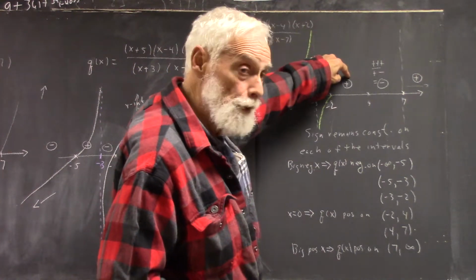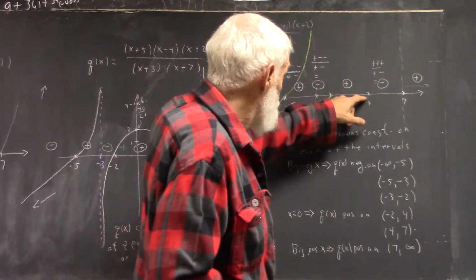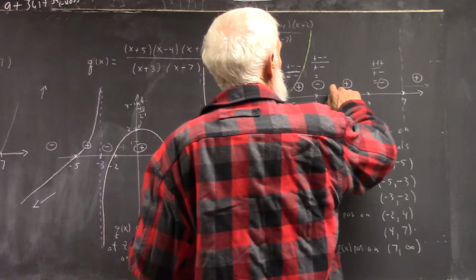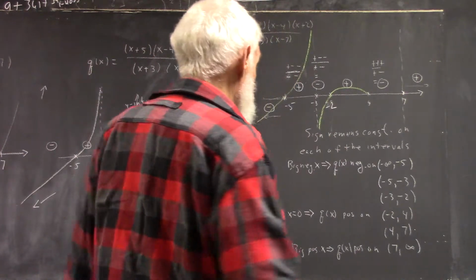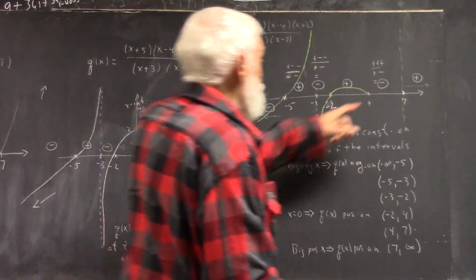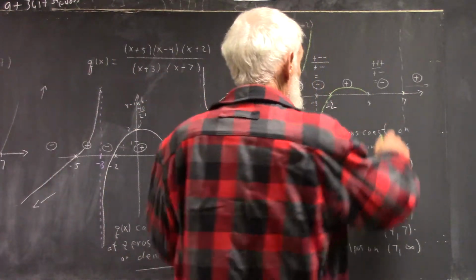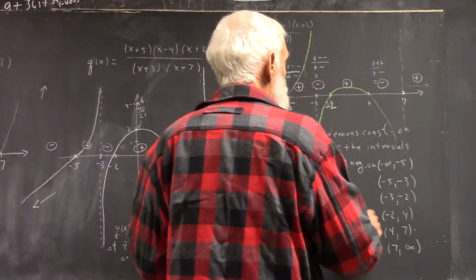Then it's positive on this interval. It's got to get back to 0 here, so it's probably just going to hump up somehow and come back down, maybe a little higher, but I didn't want to hit that plus sign. And then it's negative and approaches this vertical asymptote, so it's going to come on down like this.